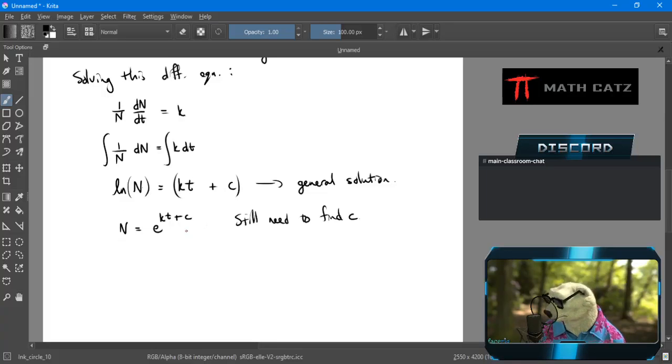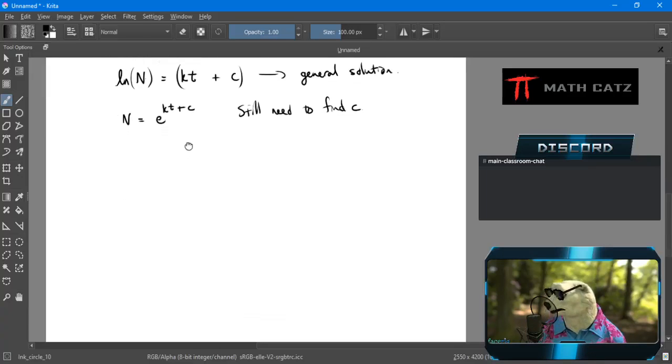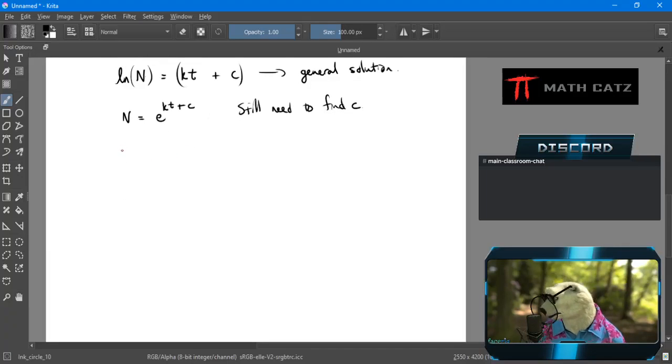But if I rewrite this a little bit, it's going to look much nicer. So what we're going to do is write this as e to the c times e to the kt.